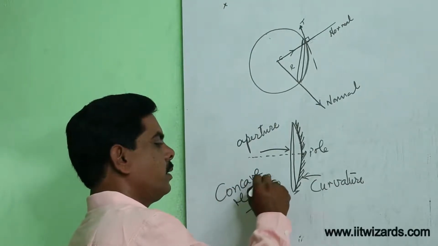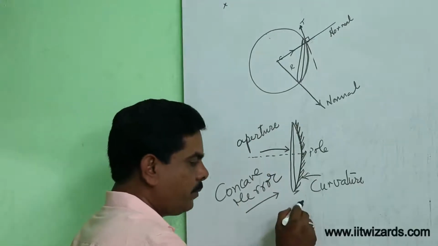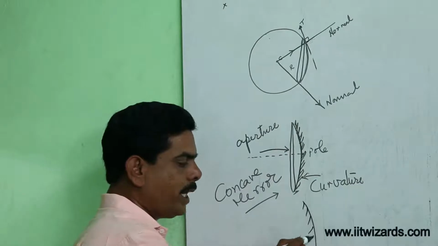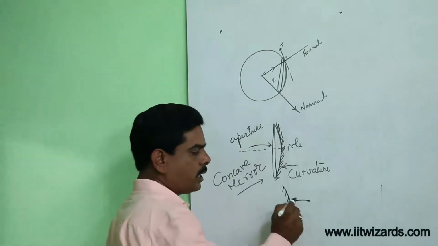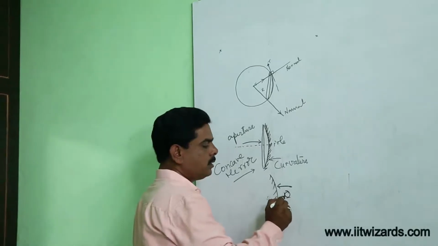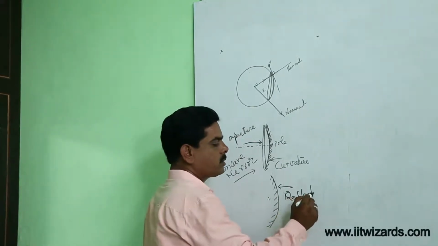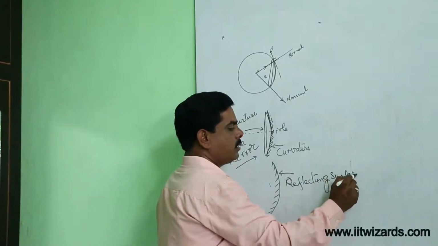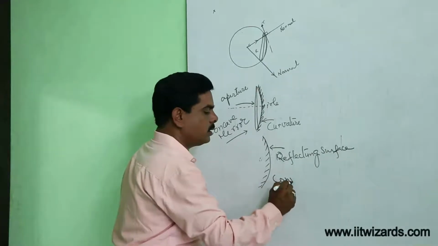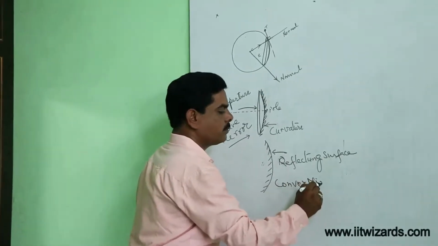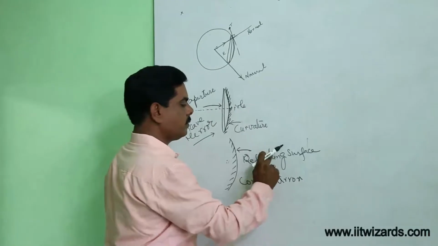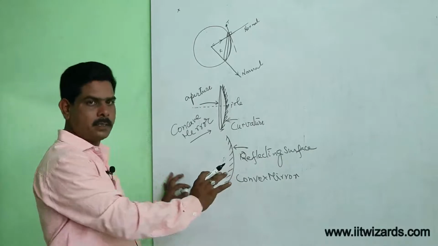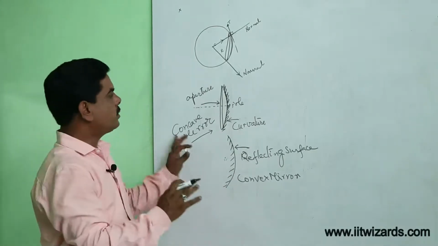If in the same fashion I have a curvature like this and I am coating the inner part such that the outer part is the reflecting surface, then this I call the convex mirror.